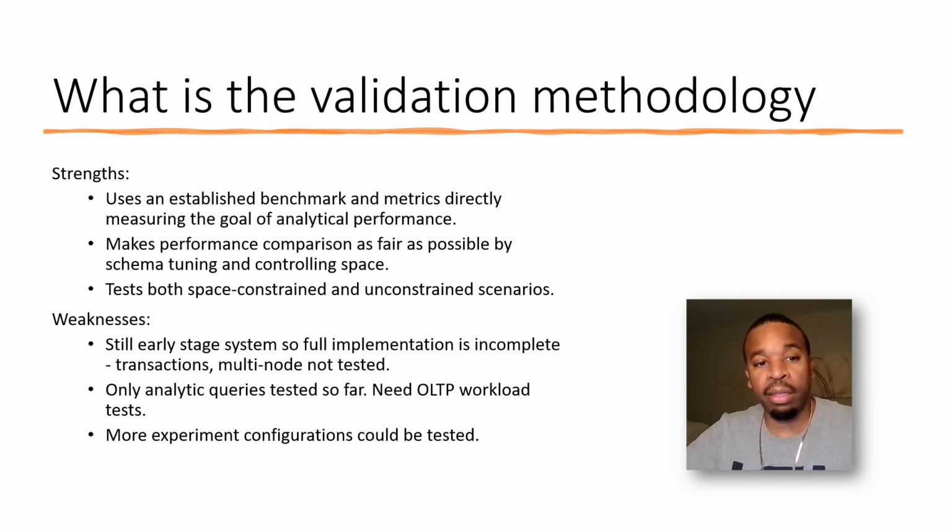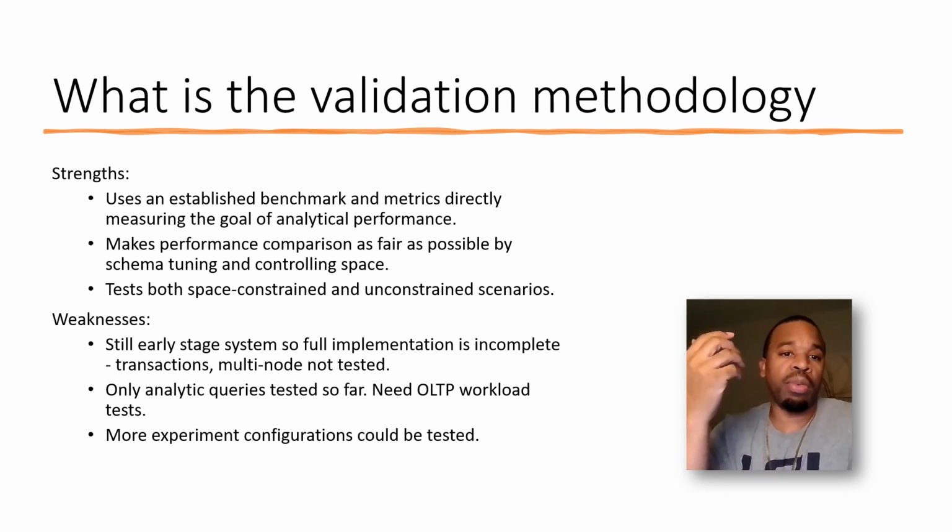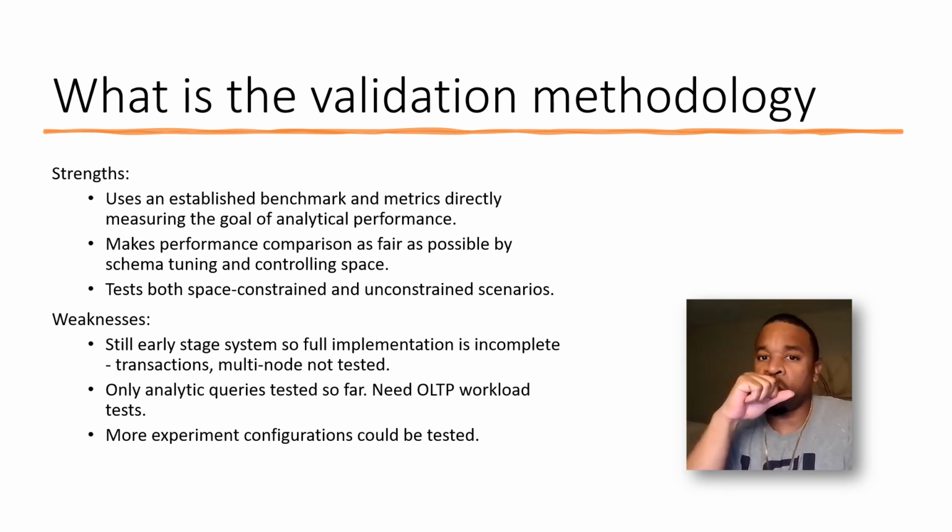Some of the weaknesses: the paper states their write optimized components are still in progress. So there's no full end-to-end transaction performance that we could test. Only analytic queries are tested so far. To fully validate their claims, OLTP workloads need to be run, testing latency, throughput, and concurrency.